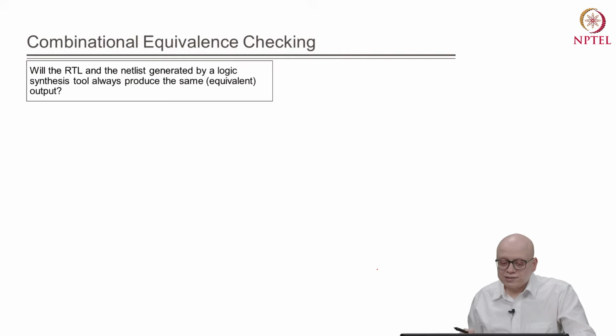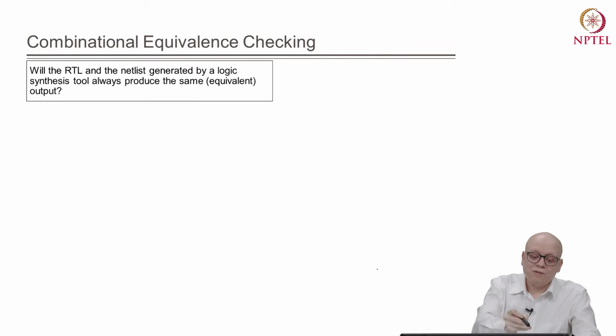During the design flow, a design goes through various steps of transformation. For example, when we do logic synthesis, our design was in terms of RTL, right, and at the end of logic synthesis we get a netlist.